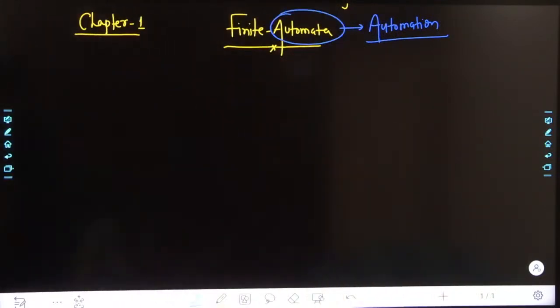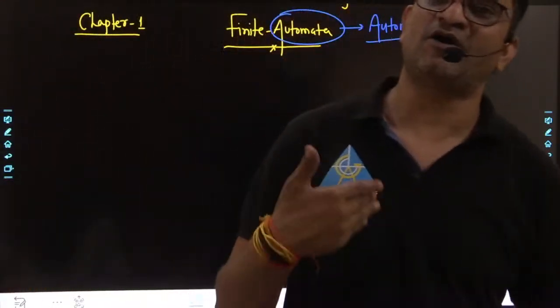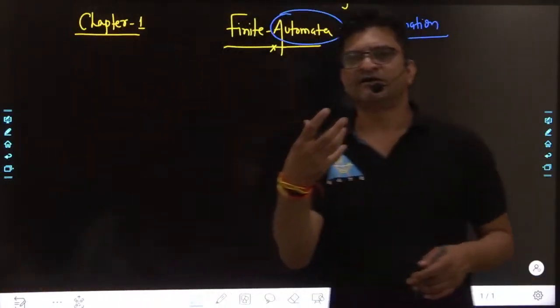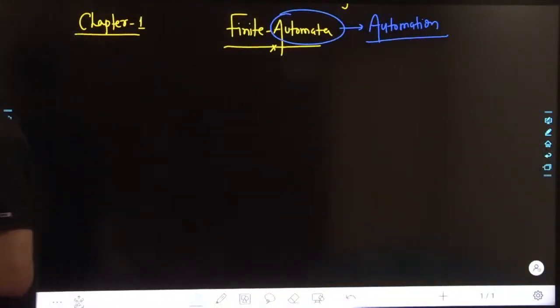So these are abstract machines. Automata means self-acting, or something that happens automatically. And what is the meaning of finite? It has finite memory. Clear?